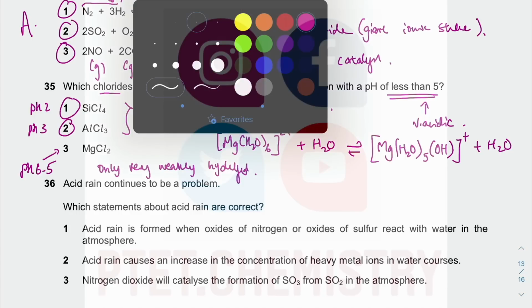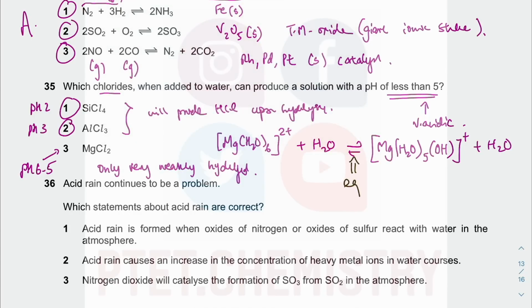What is important is this is an equilibrium, so it does not favor the right hand side very much. So equilibrium therefore only weakly acidic, pH 6.5. Alright. So only 1 and 2 will give you strong acid. So that is option B.